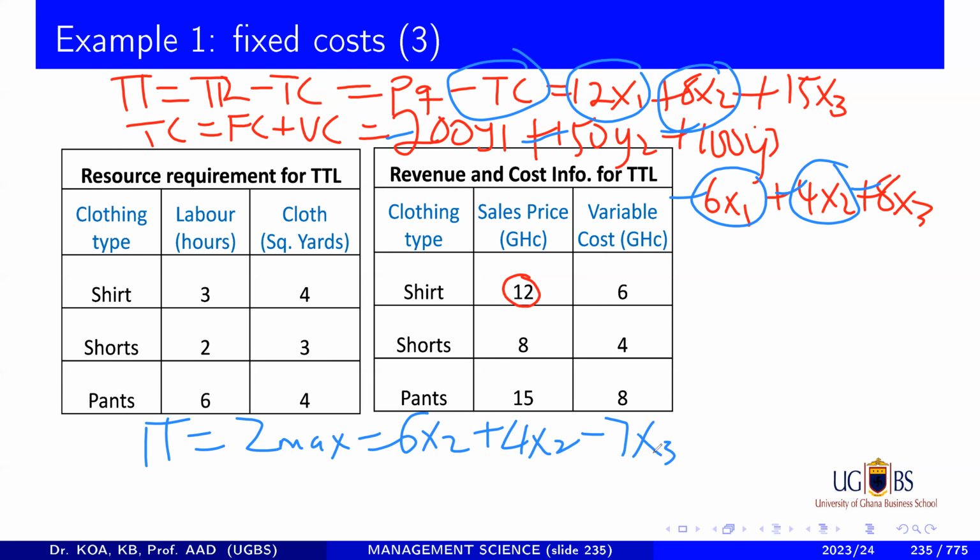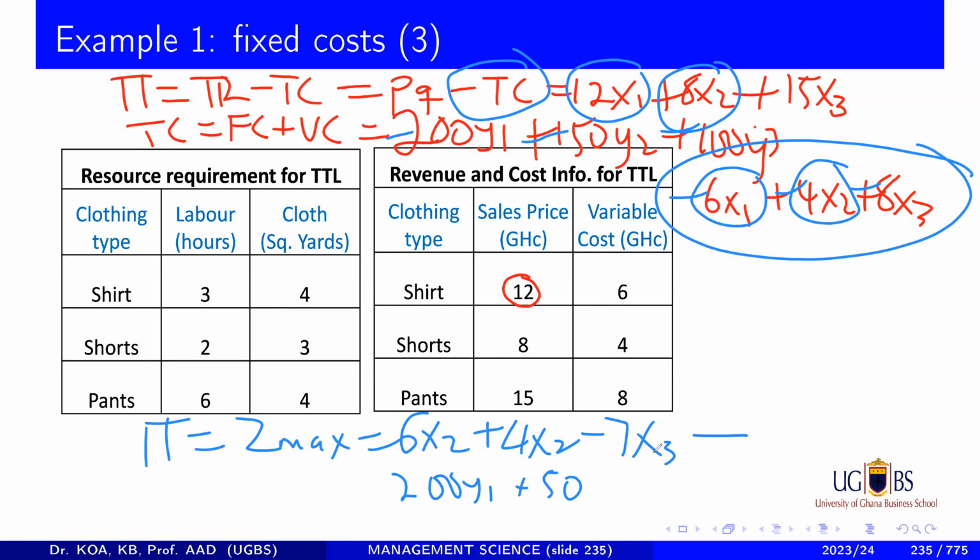So this is the revenue part. Then minus, go to the cost. Now remember that we've taken care of all of these. So the only cost we are left with is the 200y1 plus 50y2 plus 150y2 plus 100y3.